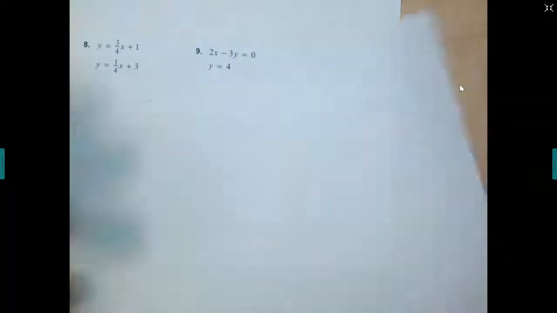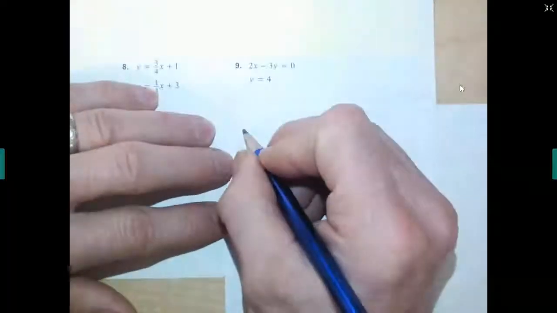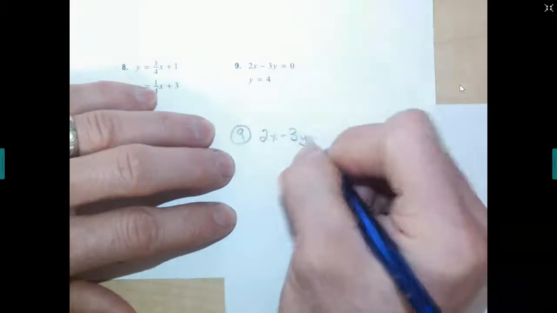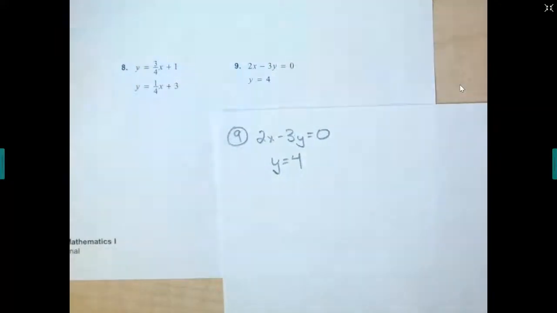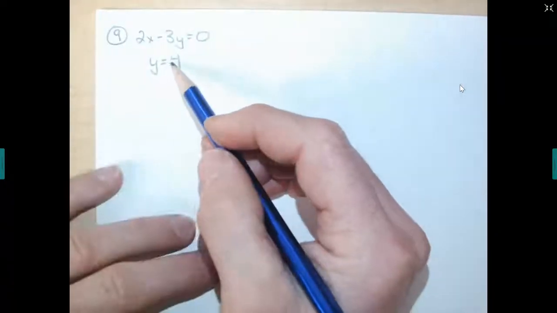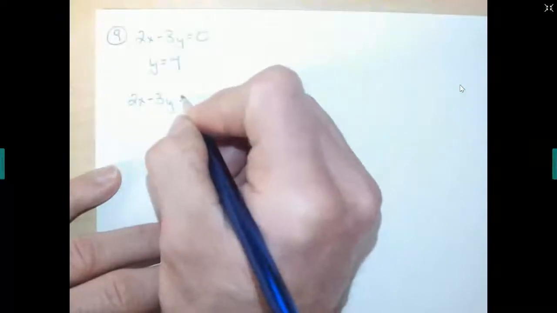Next one. Let's move on to number 9. 2x minus 3y equals 0. Y equals 4. Oh, yay! They're giving us an even easier one. So I'm just going to plug this right in here. So I have 2x minus 3y equals 0.